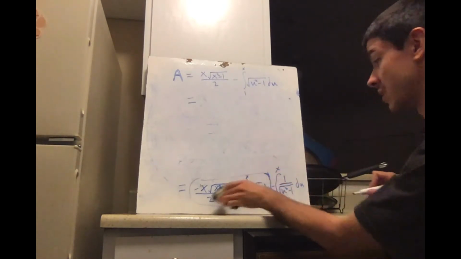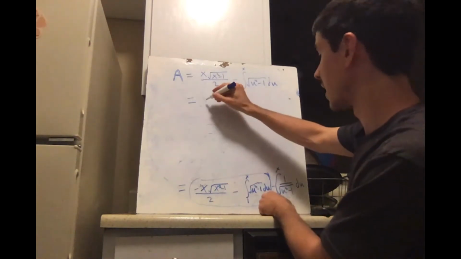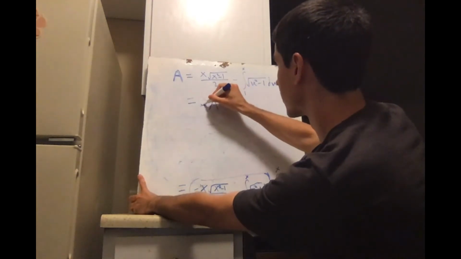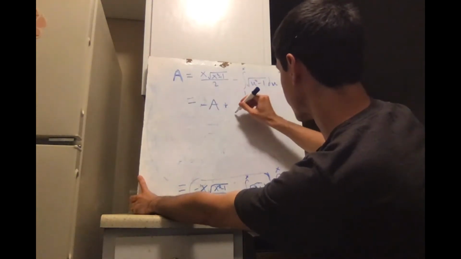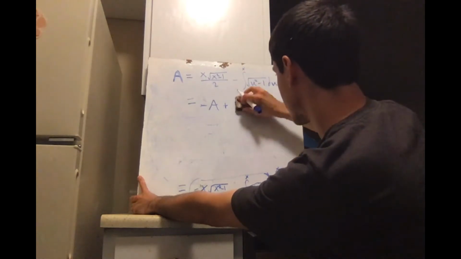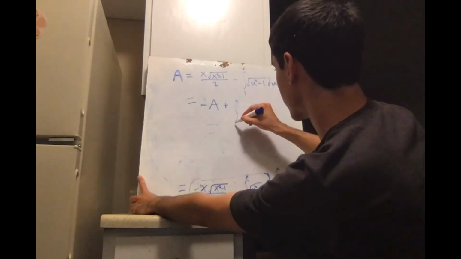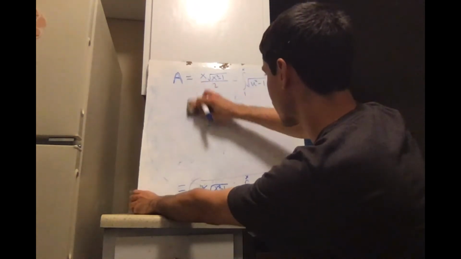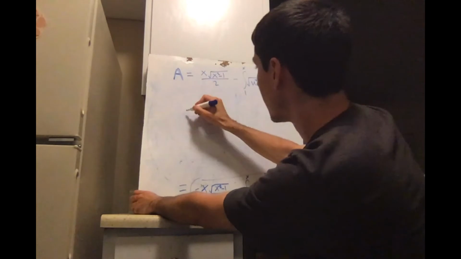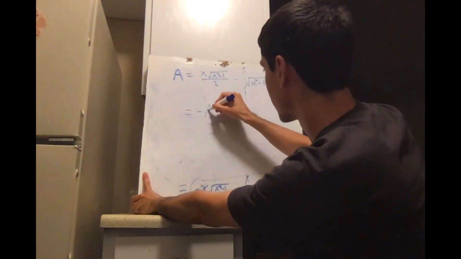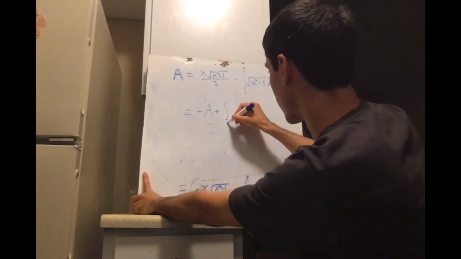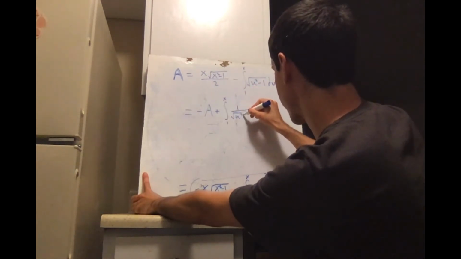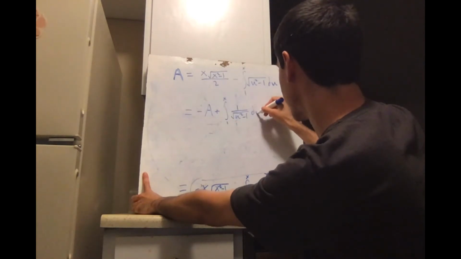I still have it circled because this quantity right here is A. So we have that A equals minus A plus the integral from 1 up to x of 1 over the square root of u squared minus 1 du.